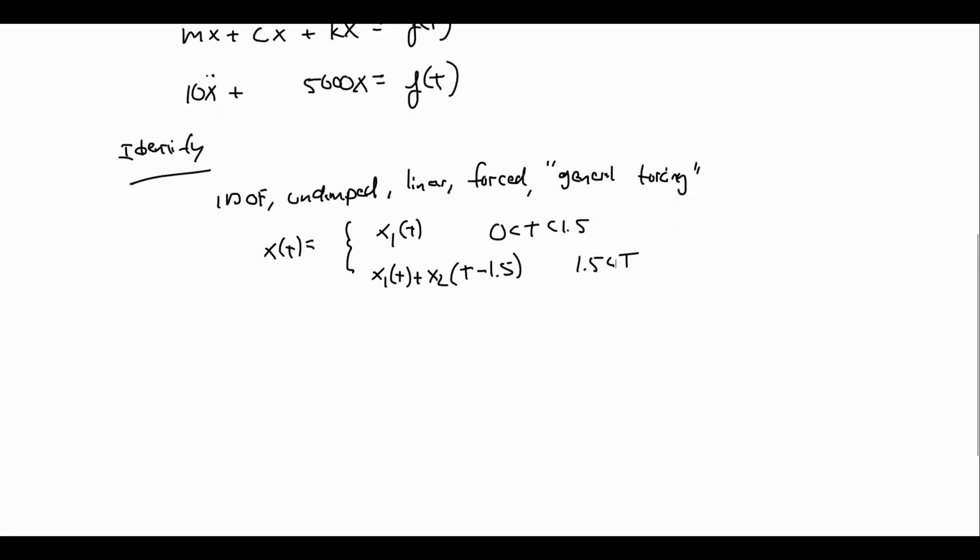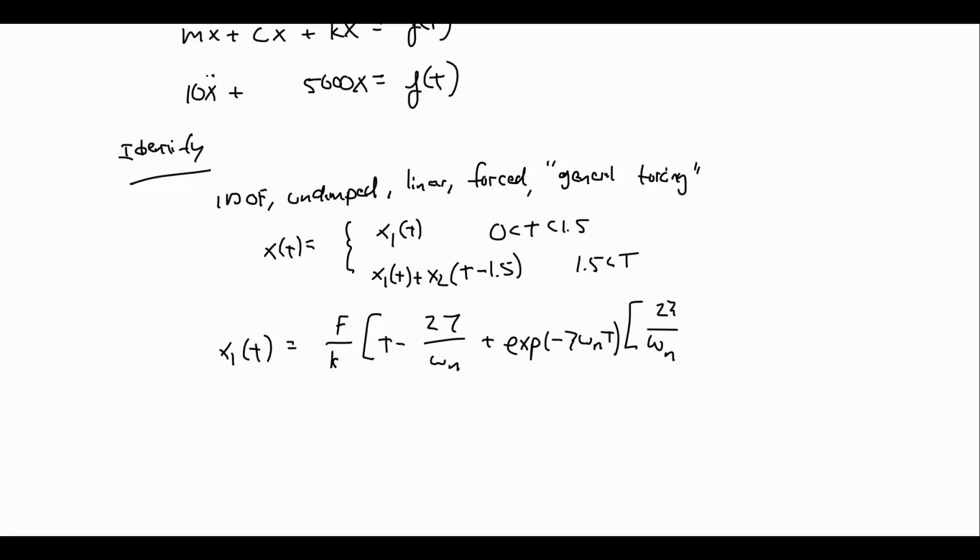And we'll do that because we know that our x1 of t, I'll just write the x1 of t here so we can see what it looks like, is going to have this general form of the force over k times t minus 2 zeta over omega n, plus e to the negative zeta omega n t times 2 zeta over omega n cosine omega d t minus omega d squared minus zeta squared omega n squared over omega n squared omega d sine omega d t.